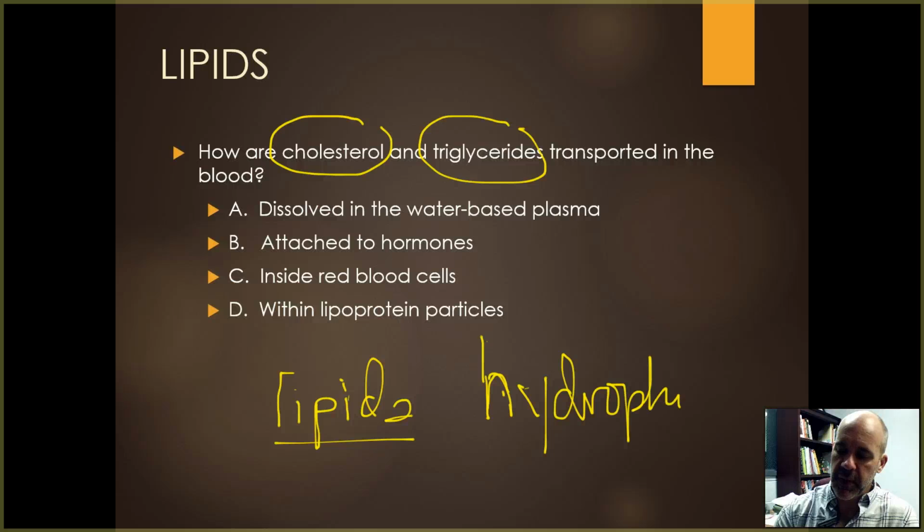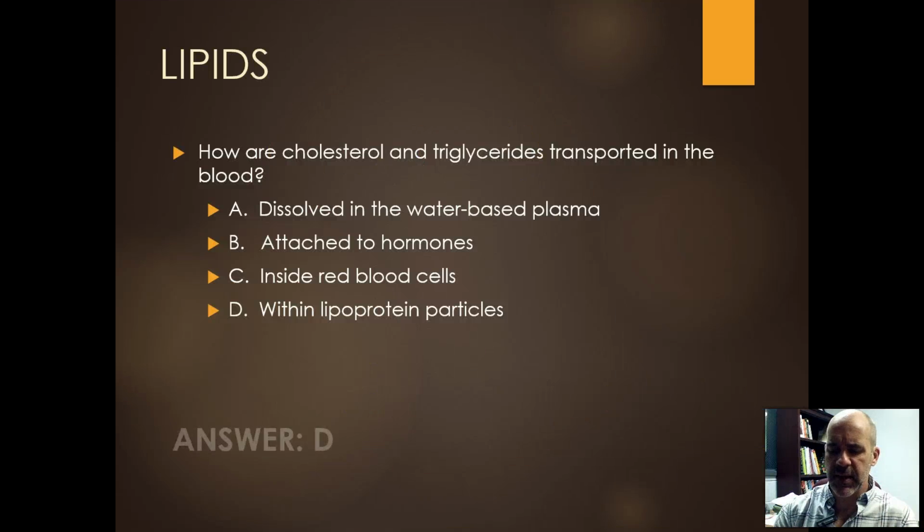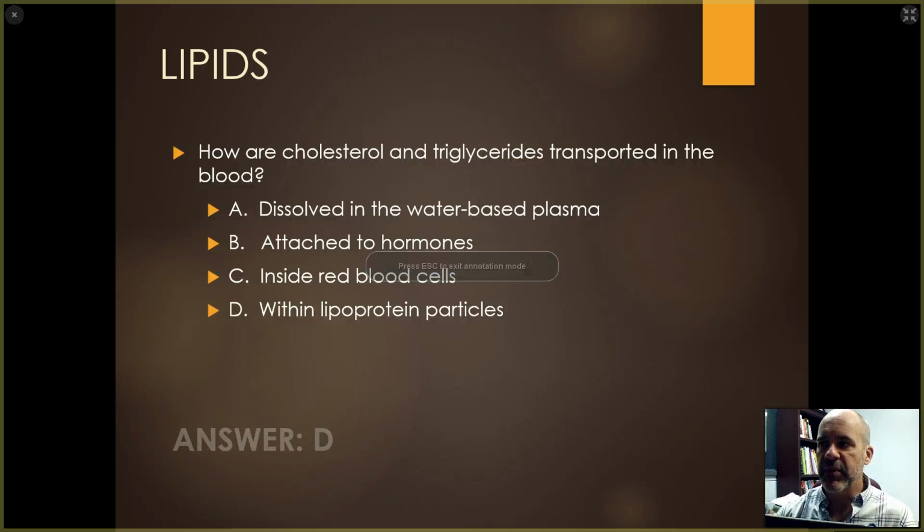Hopefully you remember from earlier classes, they are hydrophobic, so they repel water. They don't like water. So they can't just float around in the watery-based plasma of our blood. They've got to be packaged up with proteins in complexes that help them travel around in the blood. And so because of that, our correct answer there will be D, within lipoprotein particles.